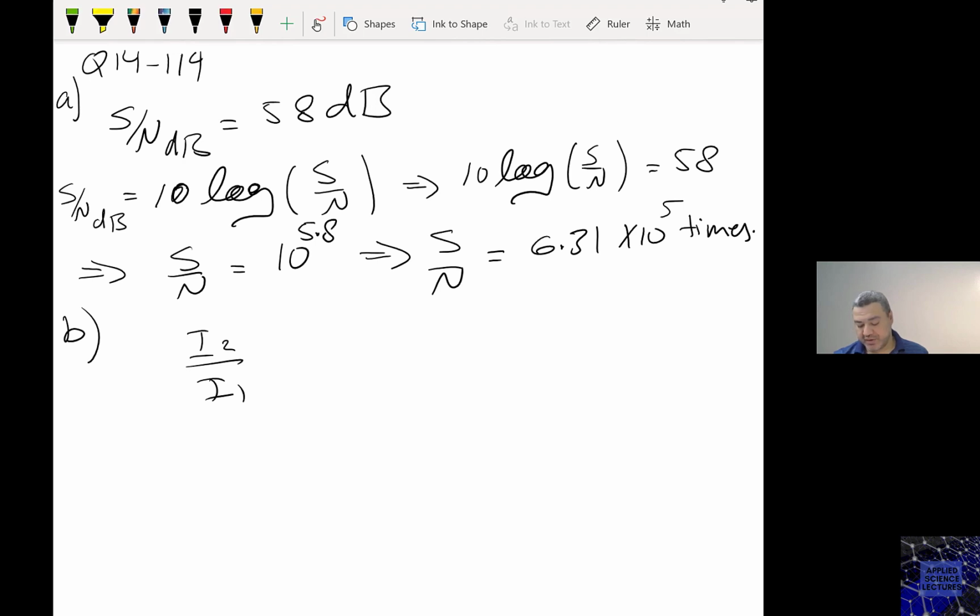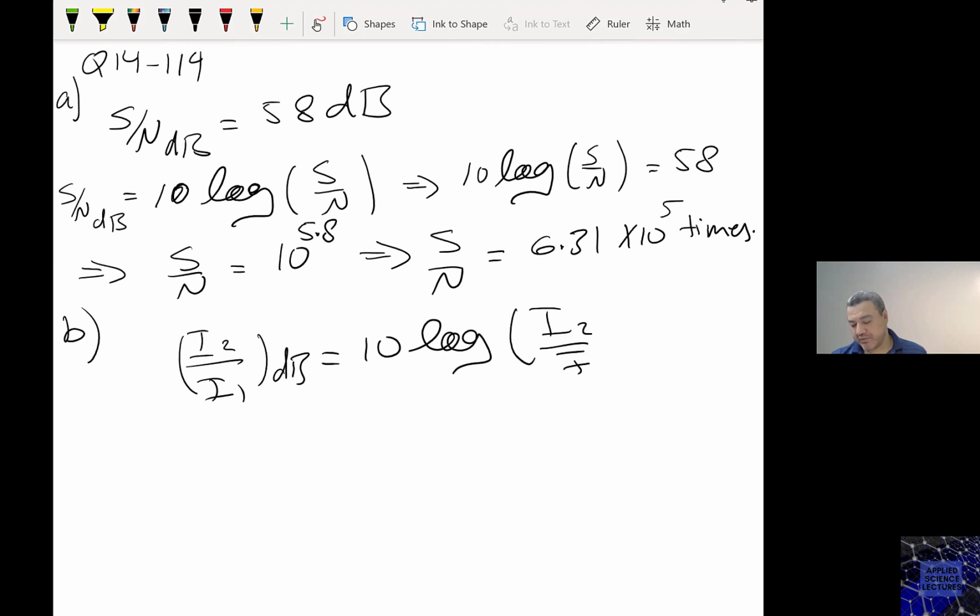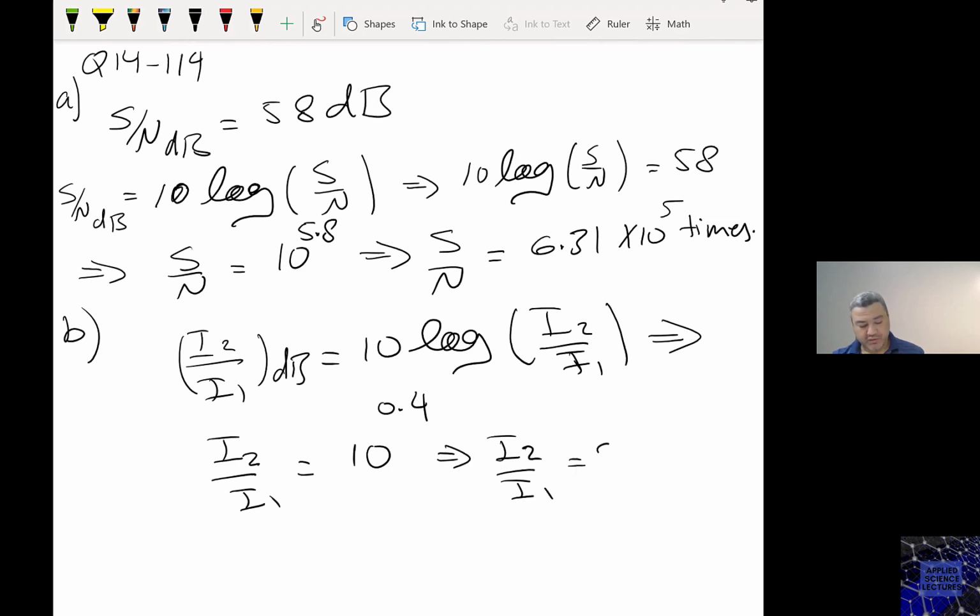So let me say this in dB, 10 logarithm I2 over I1, or I2 over I1 equals 10 to the power 0.4, which means I2 over I1 equals 2.512.